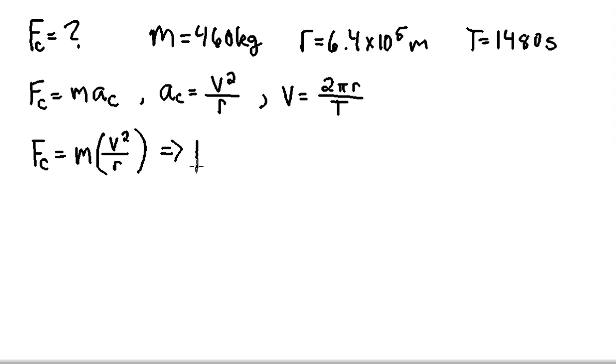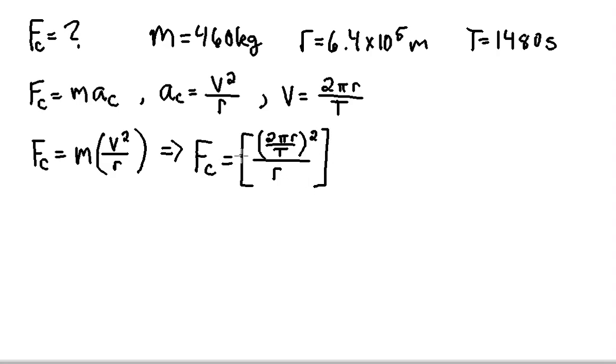Now here's where it starts to get really tough. We have to plug in v squared for this whole thing right here. So it's about to look not so great. We're going to replace this whole v with 2 pi r divided by t, all squared.